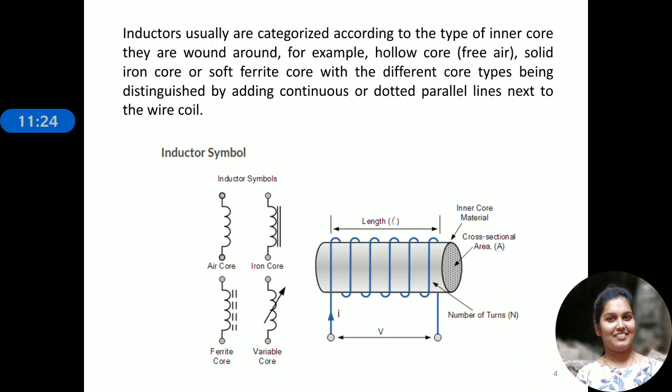A capacitor opposes the change of voltage, whereas an inductor opposes the rate of change of current flowing through it, due to the buildup of self-induced energy within its magnetic field.